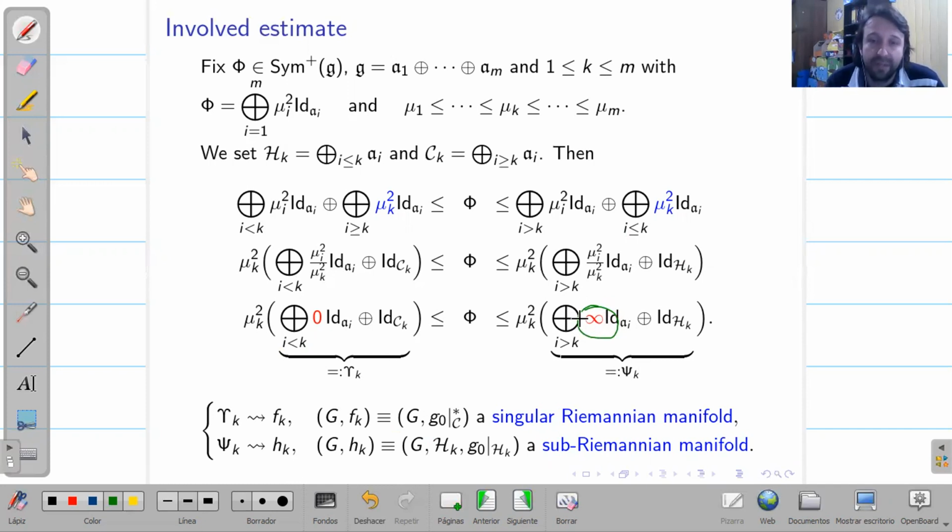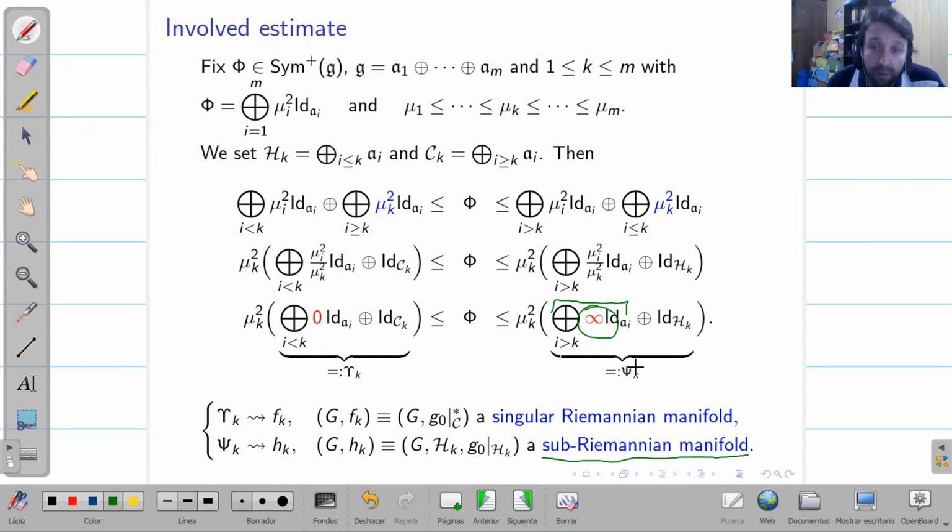So in geometric terms, any continuous path cannot have a velocity vector with a component here, because otherwise it's going to have infinite length, right? And this is exactly the definition of a sub-Riemannian manifold.